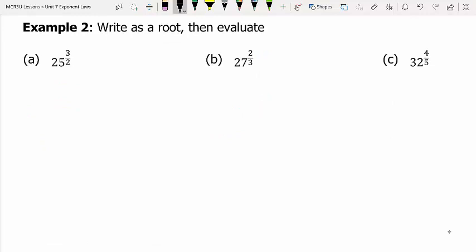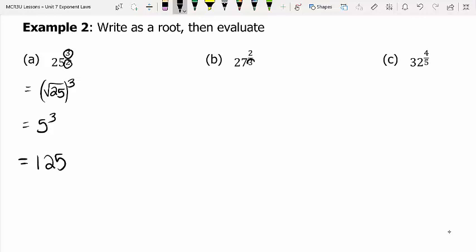Our denominator becomes the root, so it's the square root of 25, and then the numerator becomes the power. Now it's not 1 anymore, so we have to apply that. The square root of 25 is 5, and that's cubed. So our final answer is 125.